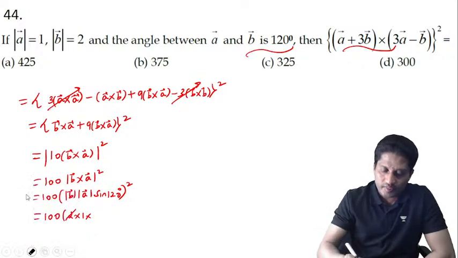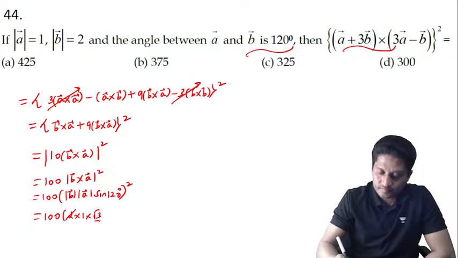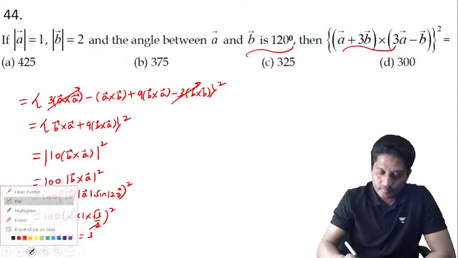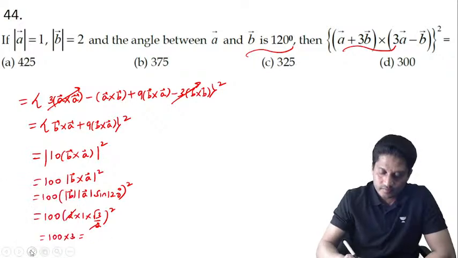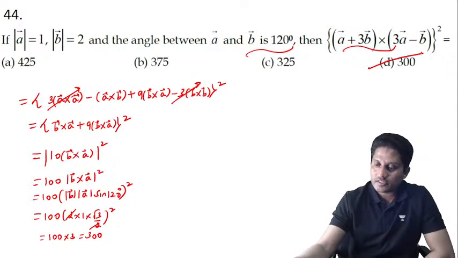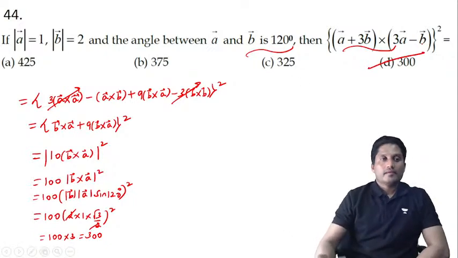So this is root 3 by 2 the whole square. Now 2 and 2 cancels, you get 100 into root 3 the whole square is 3. Answer is 300. Right, answer is option D. Let's move to the next question.